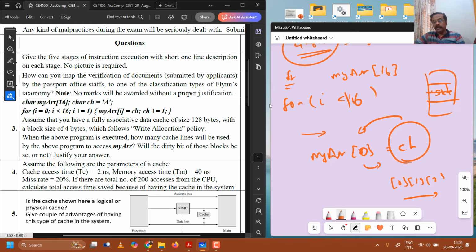The array elements are stored in memory in a contiguous space. When you are accessing it for a write, since the cache has a write allocation policy, it is going to allocate the blocks.